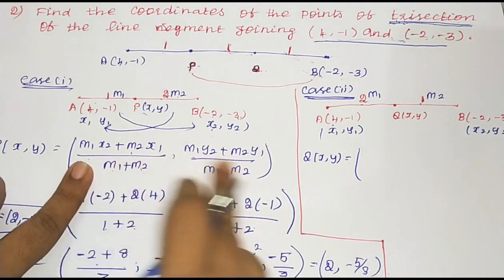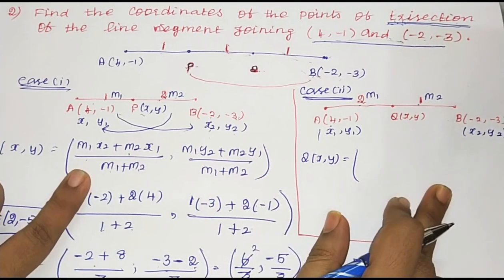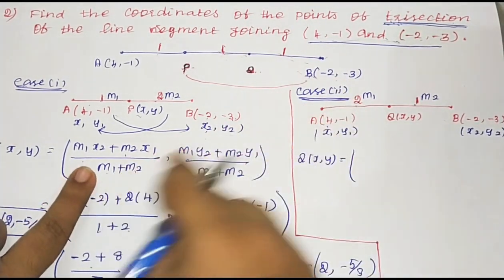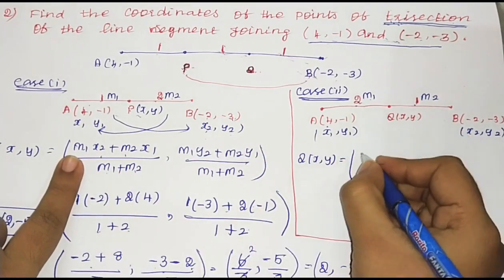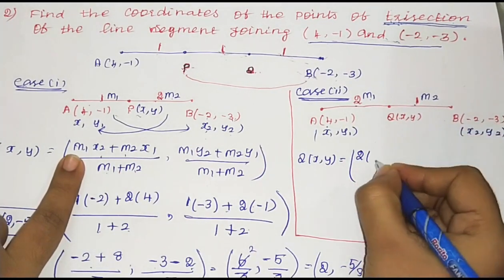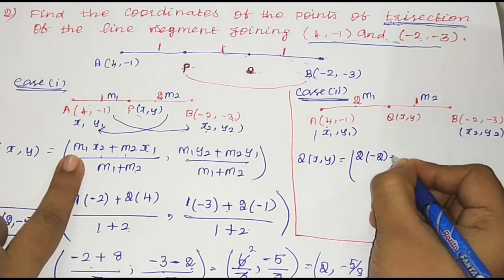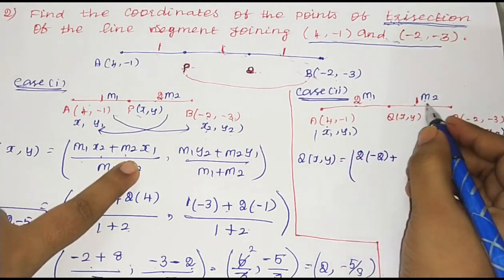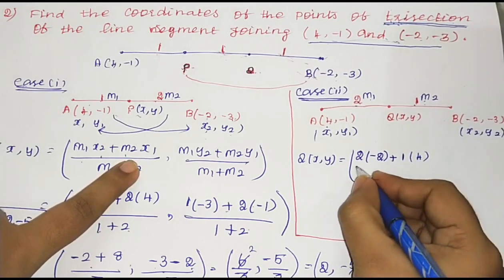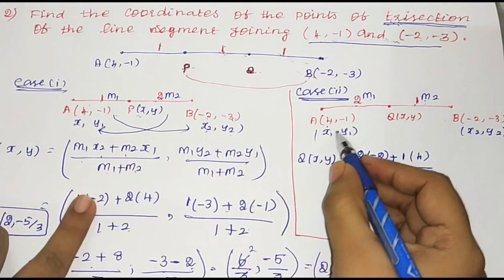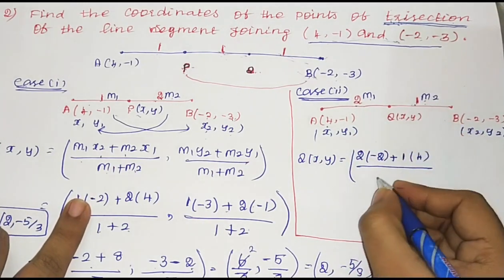The formula I already wrote, so I am not writing it again. Directly using the formula, I am substituting m1 x2. So m1 is 2 and x2 is minus 2, plus m2 x1, m2 is 1 and x1 is 4, divided by m1 plus m2, so 2 plus 1.